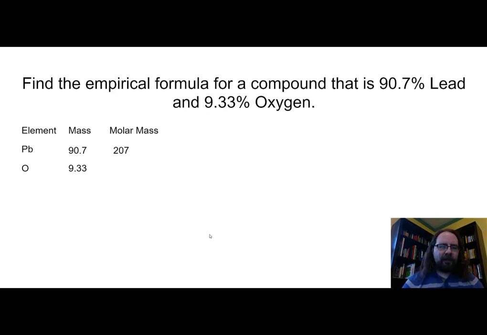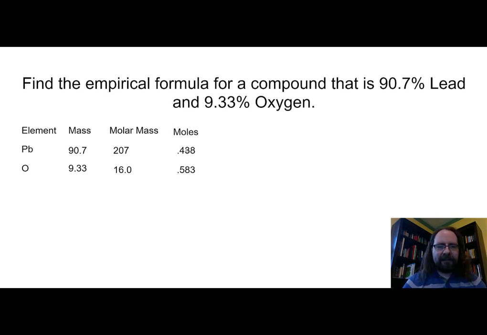And then we find the molar mass of each, and lead has a molar mass of 207 grams per mole to 3 significant digits, and oxygen is 16.0. Again, that one you should be able to remember by now. Number of moles of each, well, again, dividing the mass by the molar mass, I'm getting 0.438 moles of lead and 0.583 moles of oxygen.